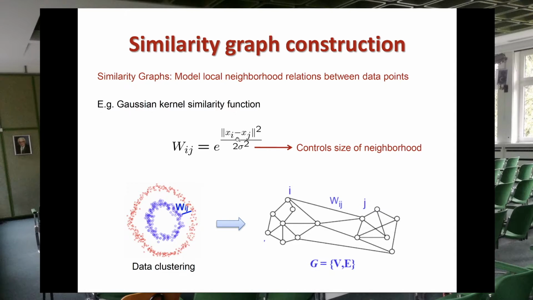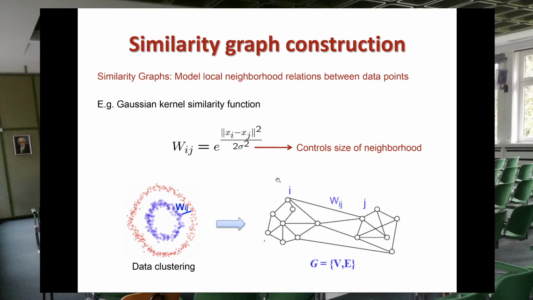Remember that these points can be in a higher dimension. You need to divide this by 2 times sigma squared, where sigma is a constant that will control the size of the neighborhood. So if you increase sigma, you will increase the size of the neighborhood.